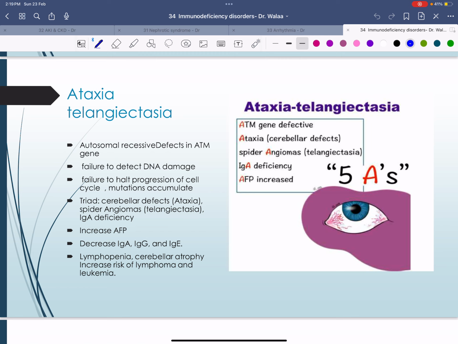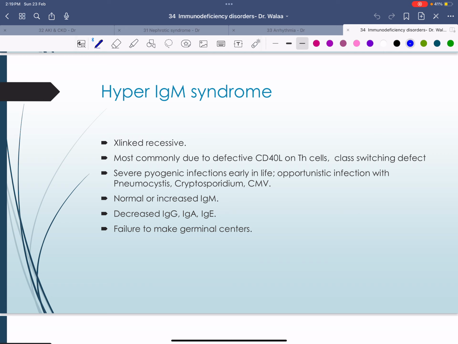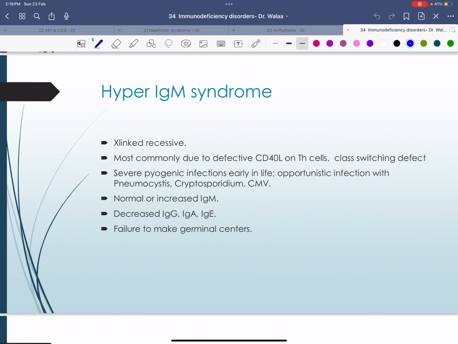Now, we said part of the function of the B cell is to differentiate into plasma cells, or antibody producing cells.